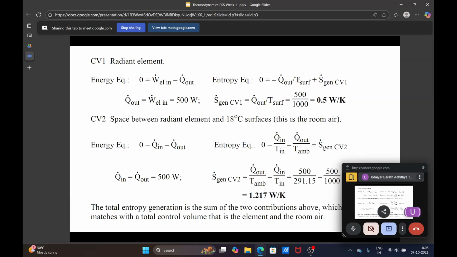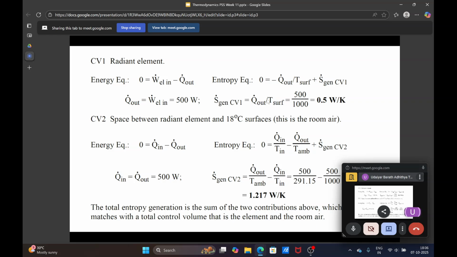Because it's a constant temperature, you can directly write Q by T, or else it will be the integral of dQ by T. So Q out by T surface plus the entropy generated in the lamp. The entropy generated in the radiating lamp is Q out by T surface, which is 500 by 1000, giving you 0.5 watts per Kelvin.